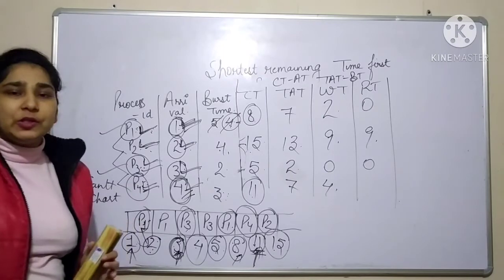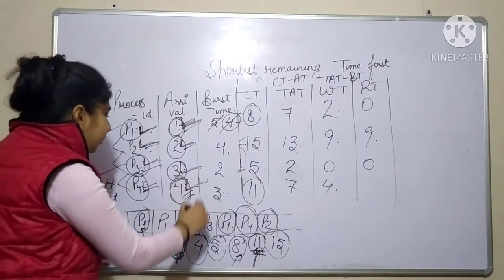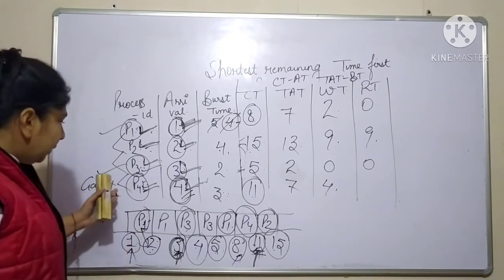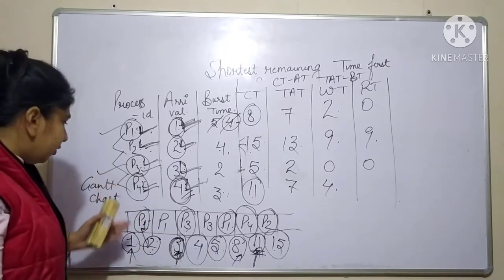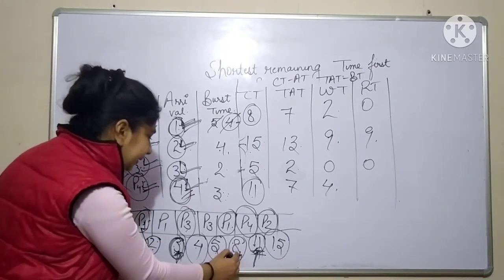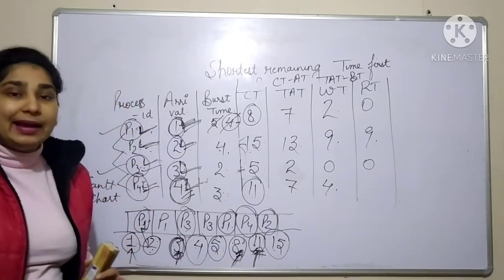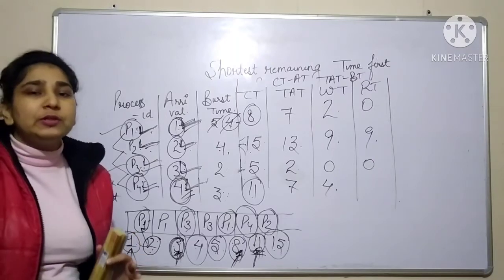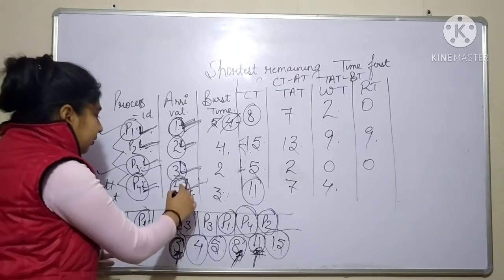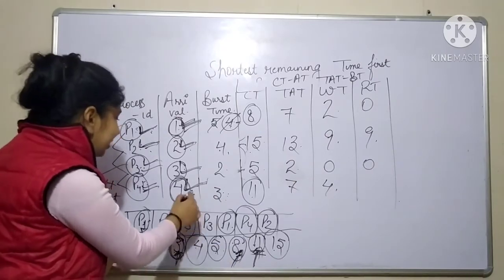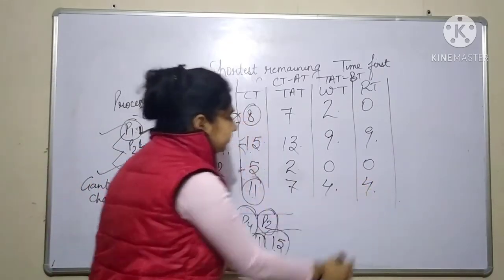Next we have process P4. It arrives in the main memory at 4 and was given the CPU for the first time at 8. It had to wait for 4 units of time after coming into the main memory. So 8 minus 4, 4.